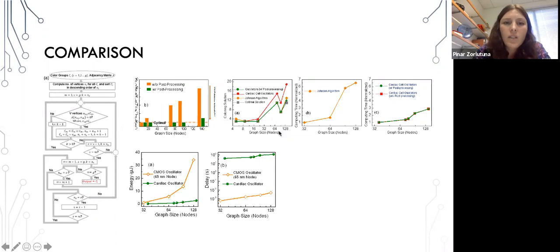This graph compares the CMOS oscillators, the Johnson algorithm, and the optimal solution. As you can see, our cardiac cell oscillator is slightly drifting from that. However, Nikhil Shukla has developed a post-processing algorithm, which is very simple.